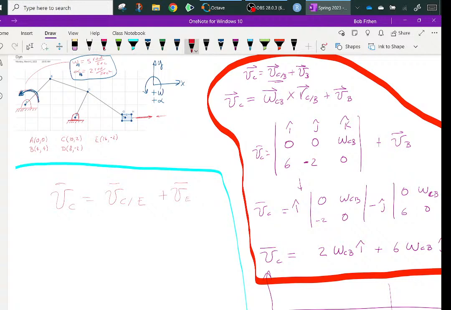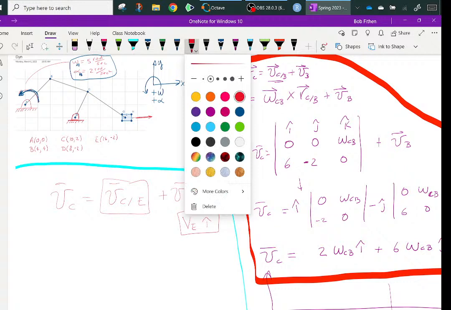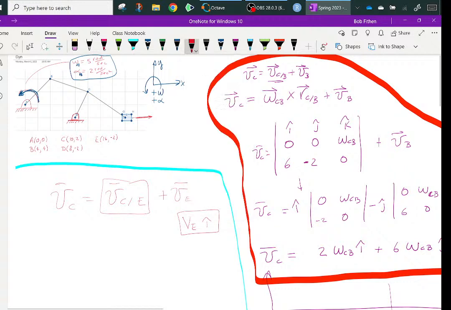So eventually I'm going to put in just velocity of E times i, because it has to go to the right or left, because that's where it's at. But I'm not going to worry about that right now. I'm just going to focus on this one, which actually is omega CE cross R C to E plus that.